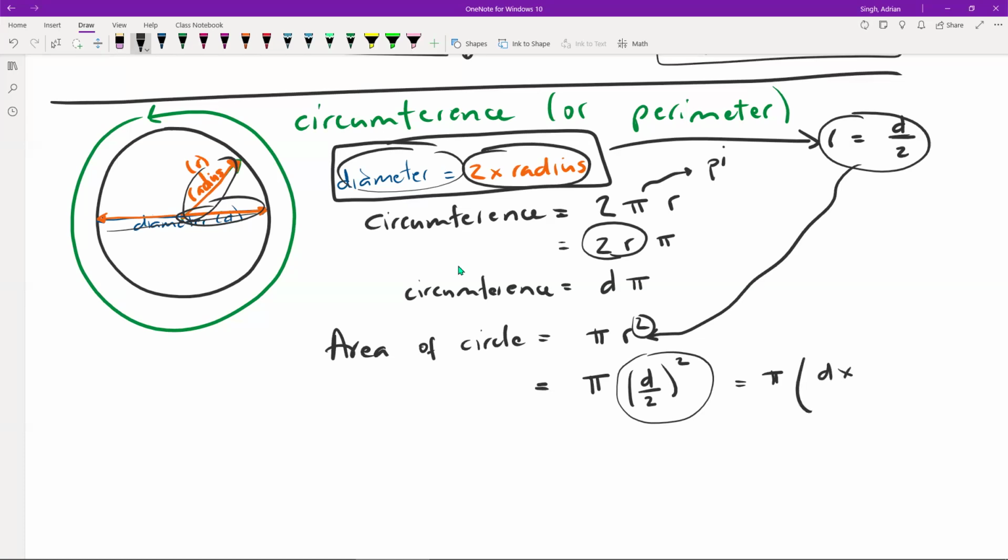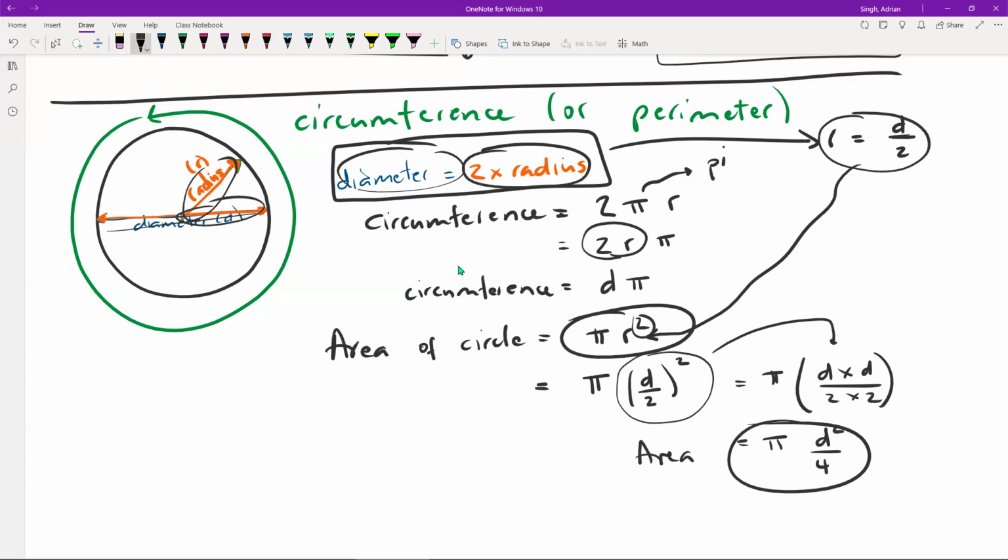That's the same as saying d times d over 2 times 2, so this gives us pi times d squared over 4, and that's equal to the area. Depending on what you're given, the radius or the diameter, you can plug it into the equation. Knowing the relationship between the radius and the diameter is very simple, you can use any of these equations to determine the area of a circle.